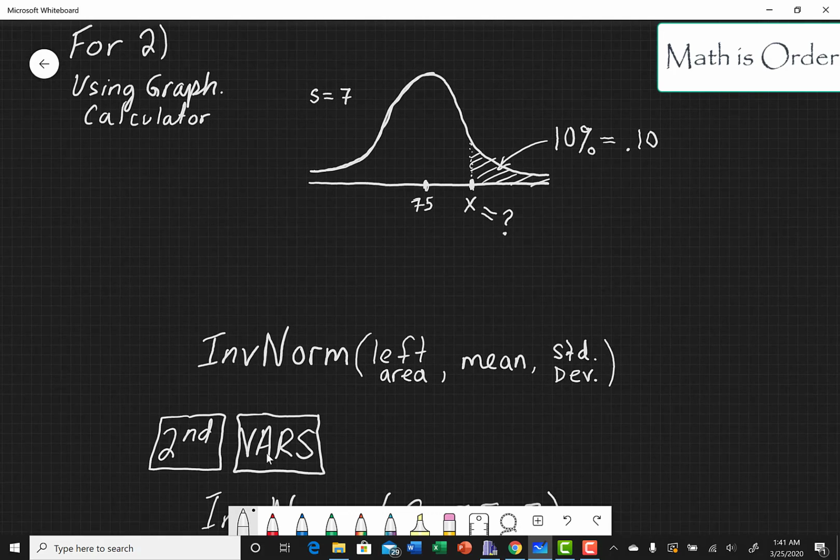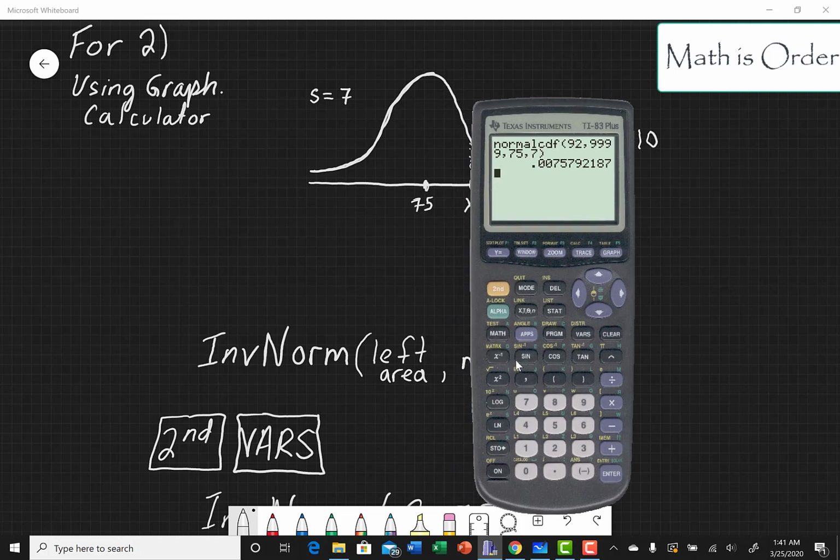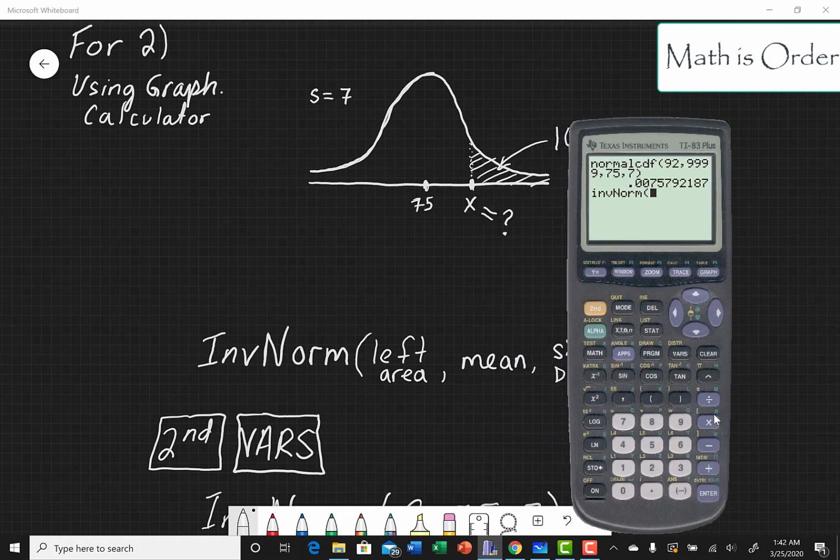This time we're going to go to second vars, and then you'll see the inverse normal function on the calculator. So we're going to go to second vars, inverse norm, and then enter. And then we're going to put in the left area, which is 0.9, comma.